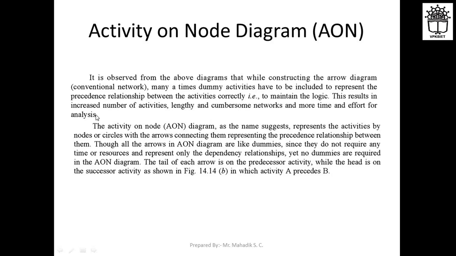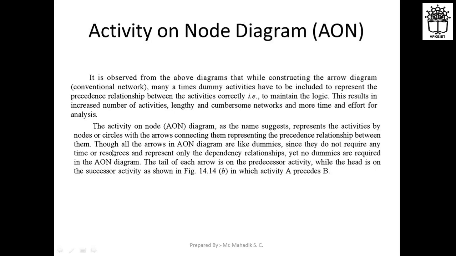This results in an increased number of activities and a lengthy and cumbersome network, and more time and effort for the analysis. So the activity on node, that is AON diagram, as the name suggests, represents the activities by nodes or circles with the arrows connecting them representing the precedence relationship between them.